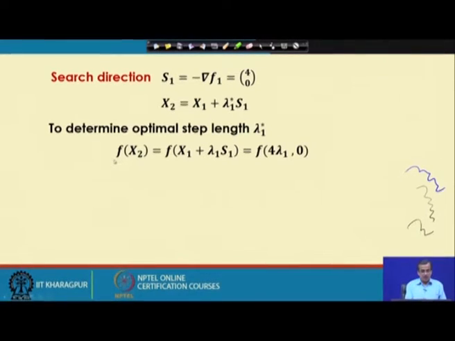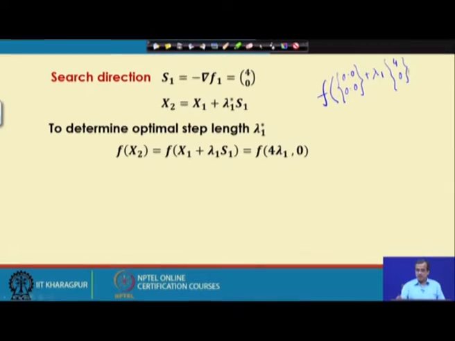We try to find f of capital X 2, which is f of capital X 1 plus lambda 1 S 1. If I substitute the values here, f of 0, 0 plus lambda 1 times S 1, and S 1 is 4 0.